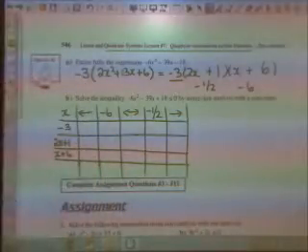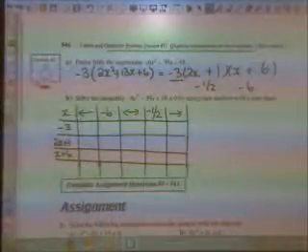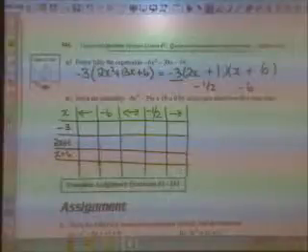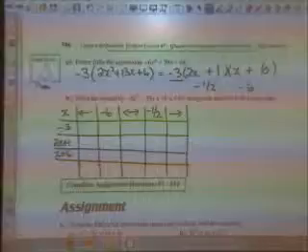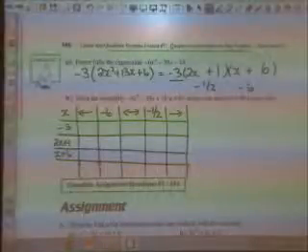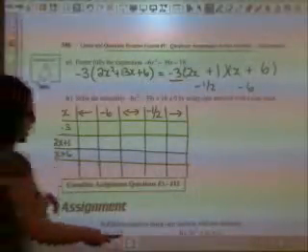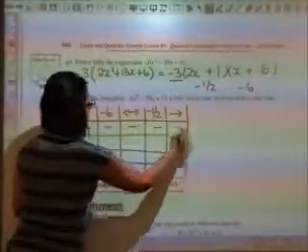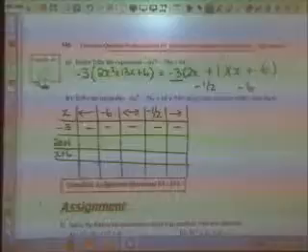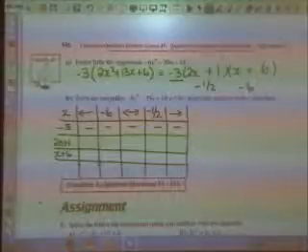So that -3 does become important in my inequality. It does become important in my sign chart. Now the sign of -3 is always going to be negative. Doesn't matter what the x value is. It's always going to be negative.